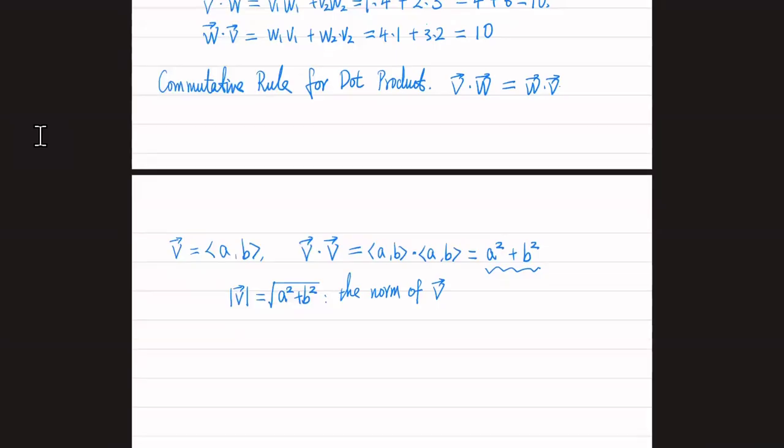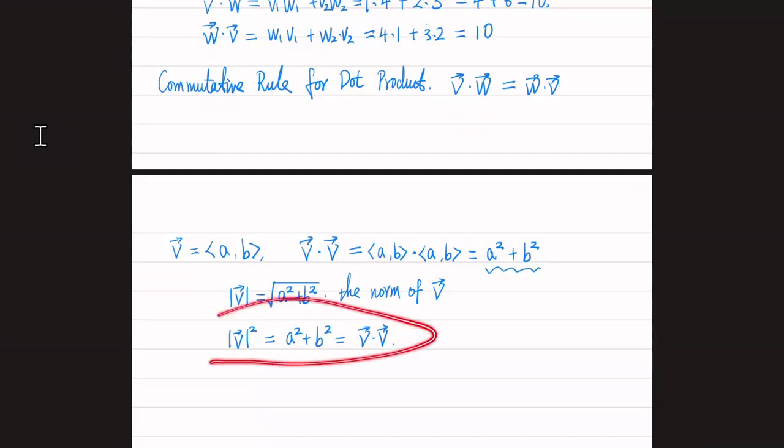In particular, we have the following formula: norm squared is always the dot product of the vector with itself. This is a very useful formula. We will use this repeatedly in the following theorems. Whenever we see the square of the norm, we can replace it by the dot product of the vector with itself.